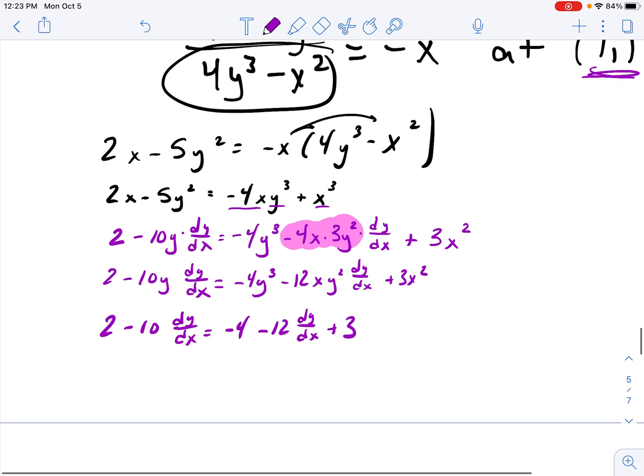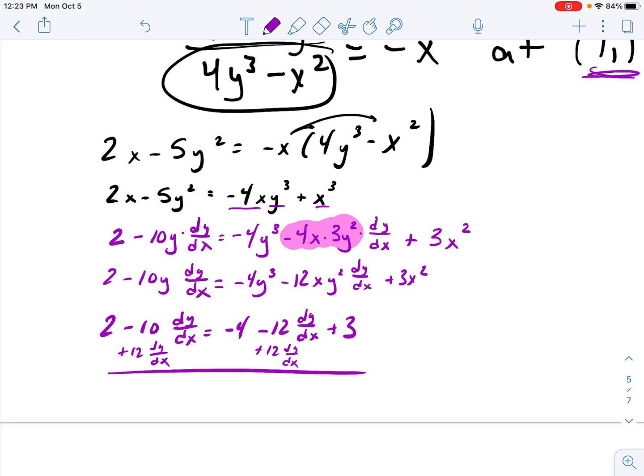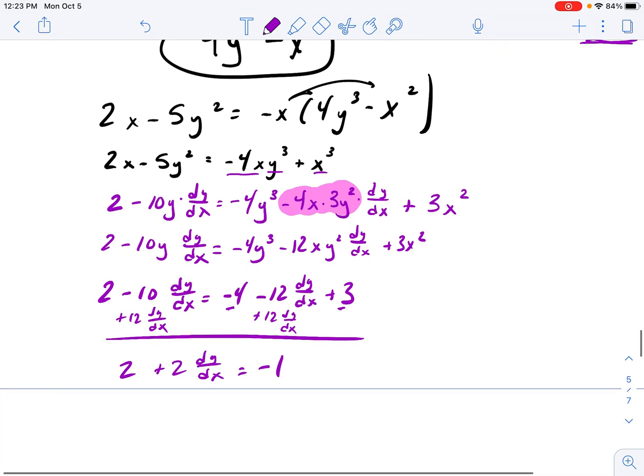So wherever I have a y or an x, I'm plugging in a 1. All right, so that shouldn't be too bad. Take a moment to do that. And now I'm going to combine like terms. Basically, I'm going to add the 12 dy dx to both sides. Let's see, negative 4 plus 3 is negative 1.